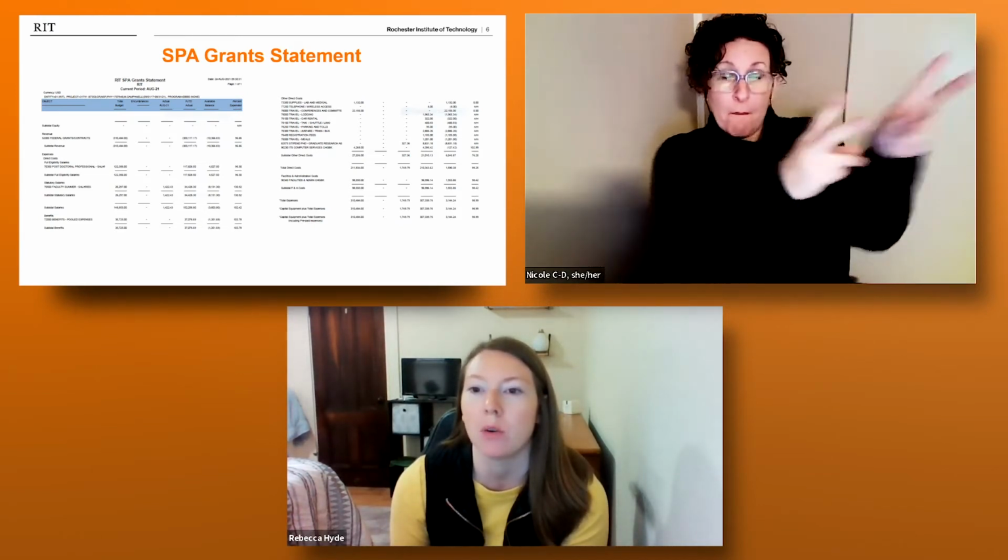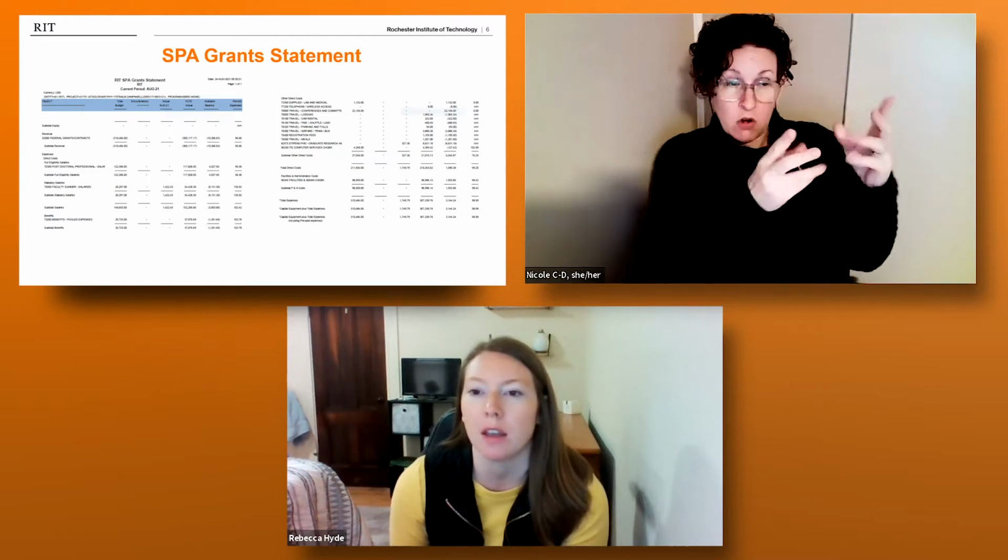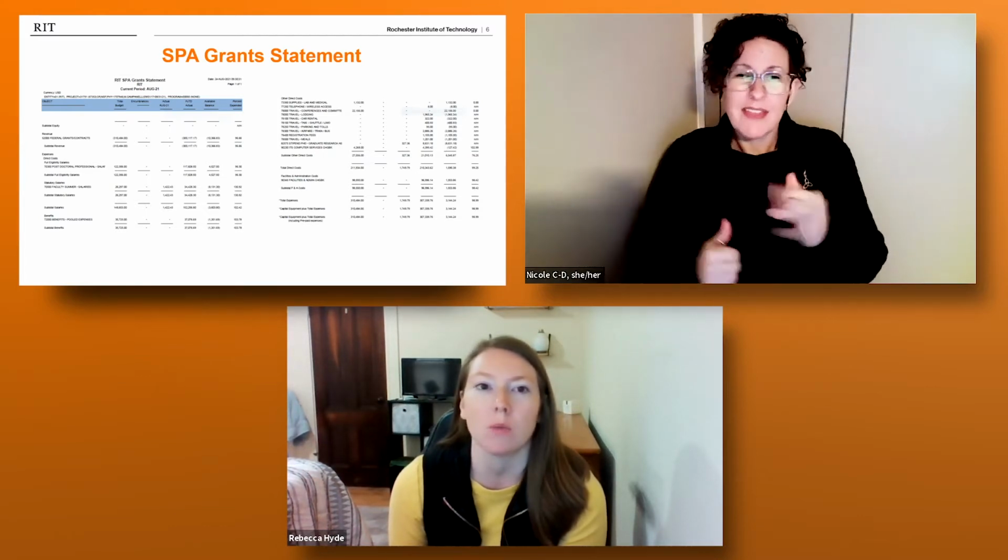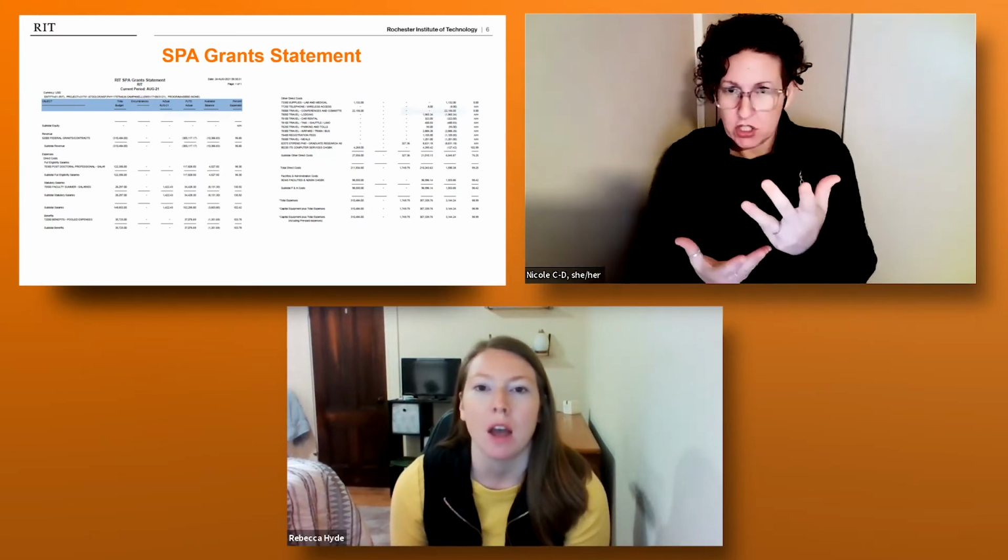Those sponsor specific questions I would be able to help out with, and I'd be able to tell you if you can pull money from a different category to cover a deficit in a different category. So that's just one example of where I would step in in my role as a SPA rep. There are many other cases, but just so you can get an idea of the difference in the roles as well.